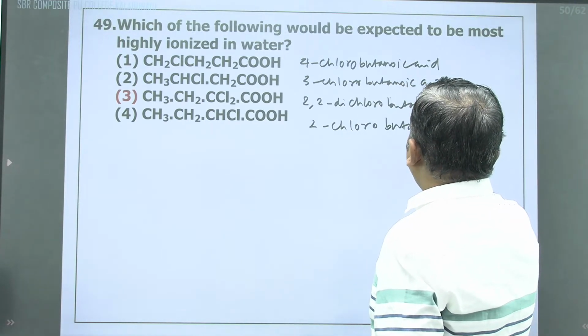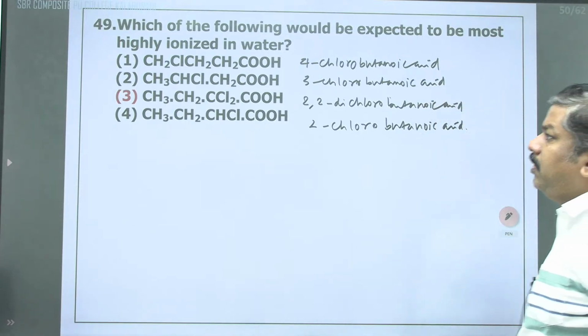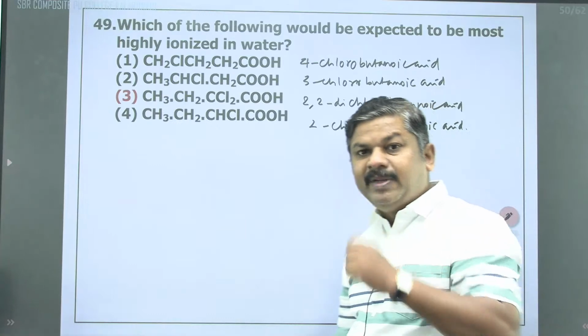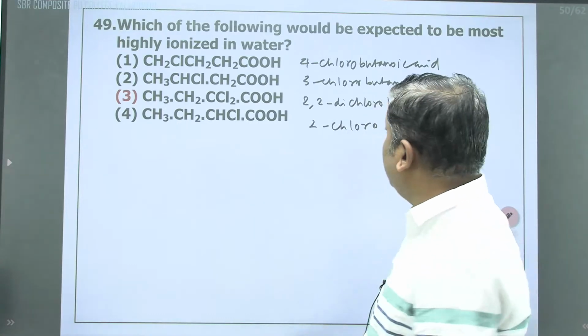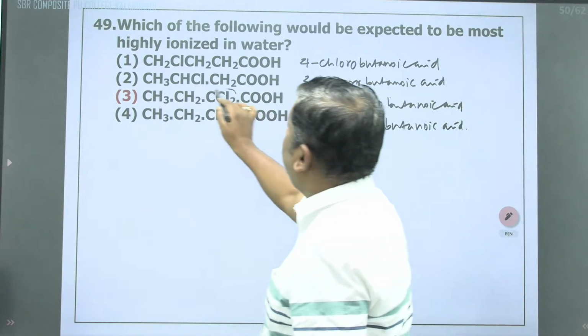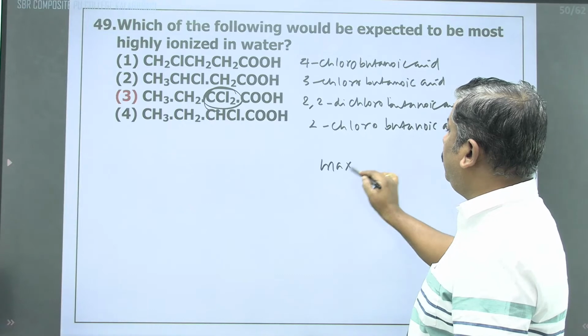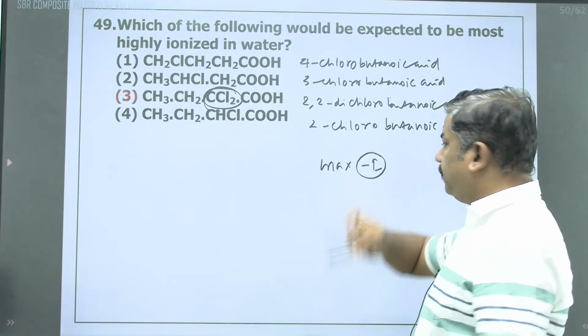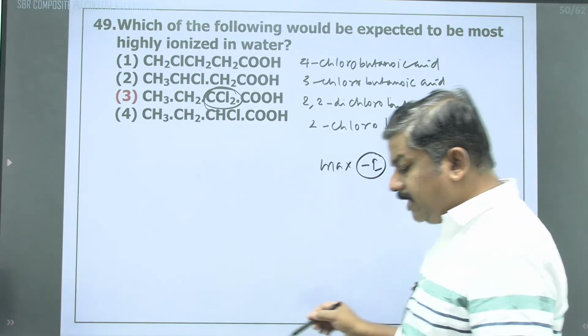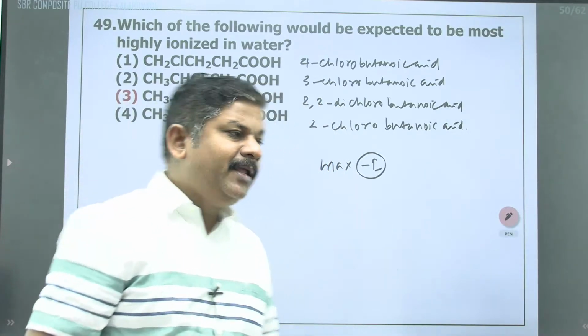The question is: which of the following compounds would be expected to be most highly ionized in water? High ionization takes place when the compound is more acidic in nature. Out of these four compounds, the third compound contains two chlorine atoms. Two chlorine atoms means the maximum amount of minus I effect is applicable, and they can act as electron withdrawing groups.